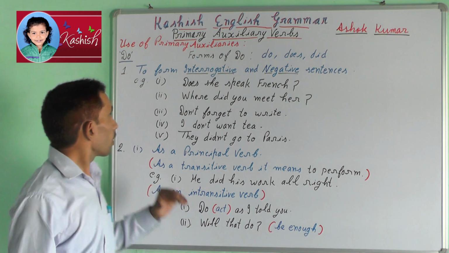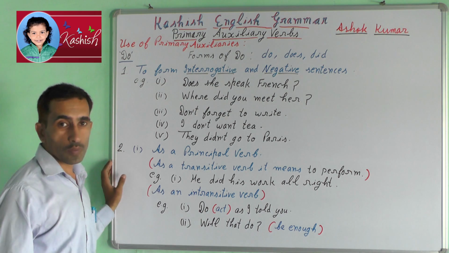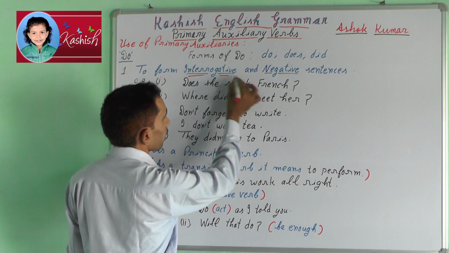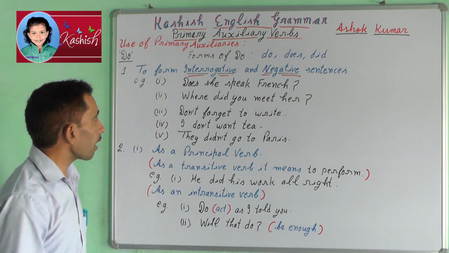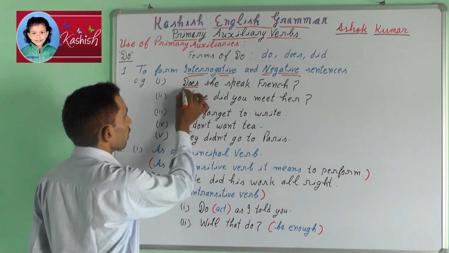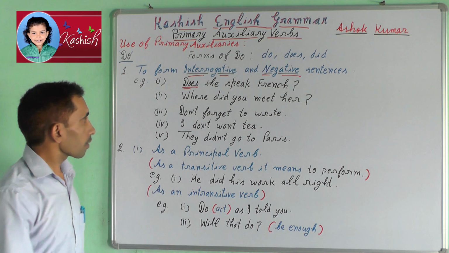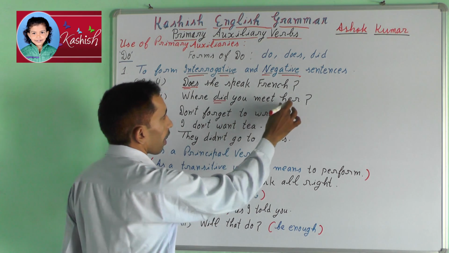Use of do. First, to form interrogative and negative sentences. For example, does she speak French? Next, where did you meet her?